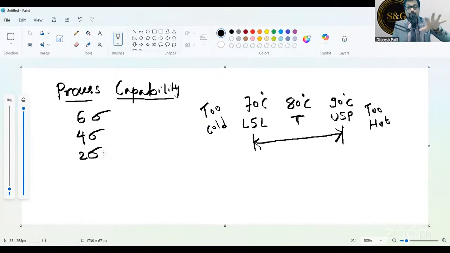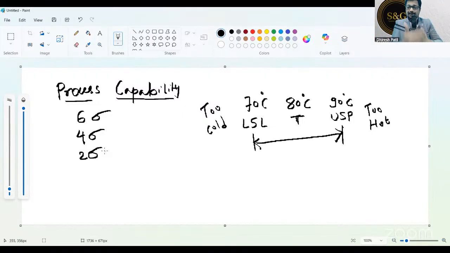Before 6 sigma, there were a few terminologies. Of course, they are being used even today as well. And that is what we are going to study in today's topic, which is Cp-Cpk, potential process capability and process capability index. Six Sigma came in the late 1980s, 1990s onwards.